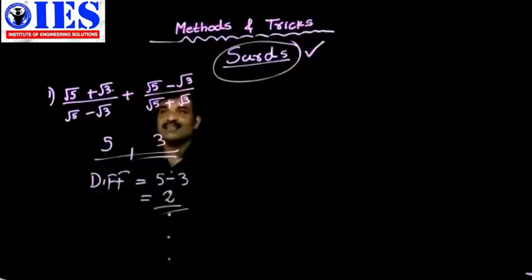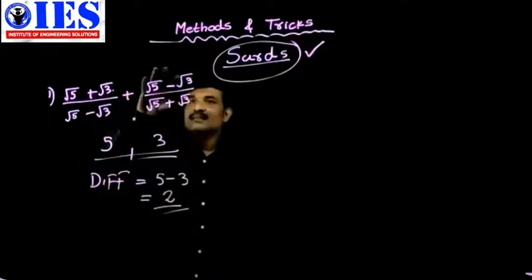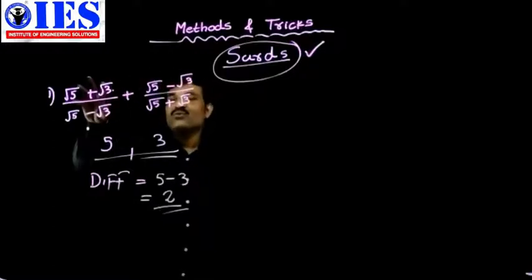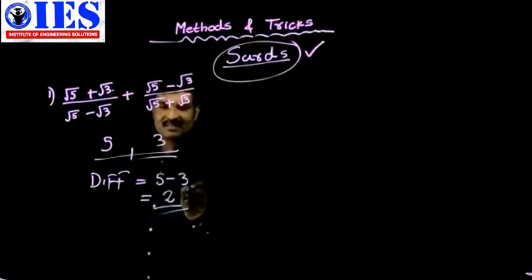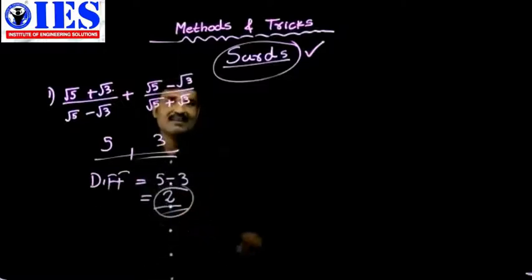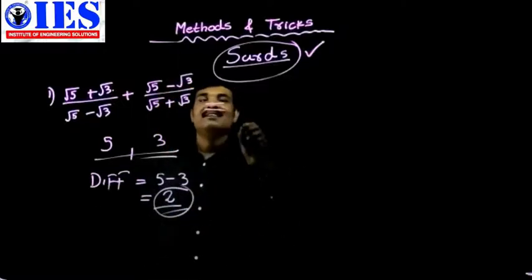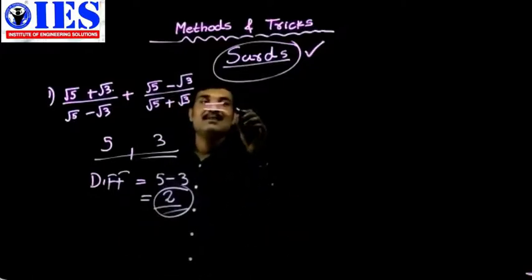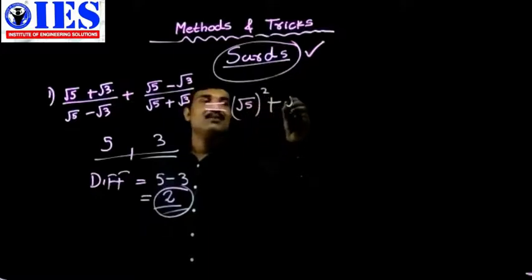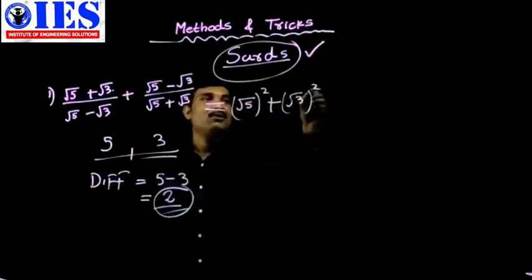Since this term is the reciprocal of this term, and the difference is 2, we can solve this in only some 2 steps. So the answer is root 5 the whole square plus root 3 the whole square.